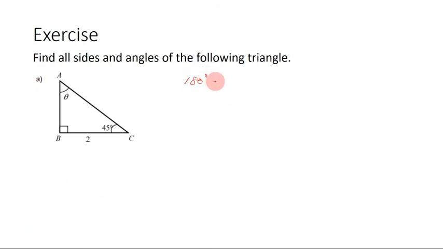So to find the degree for theta, theta is equal to 180 degree minus 90 degree minus 45 degree. So we will get theta equal to 45 degree.